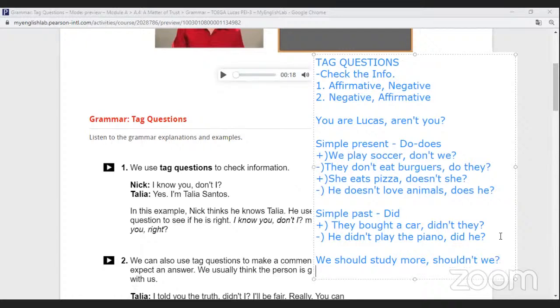So we always have to try to identify the auxiliary. I can't run fast, can I? Exactly, very good. Great. Perfect. So until here, is everything understood, Lucas?